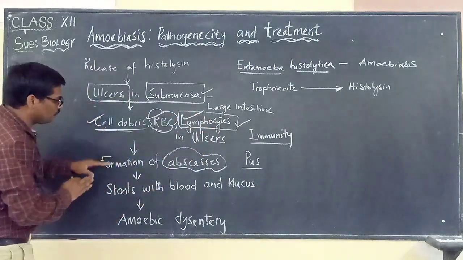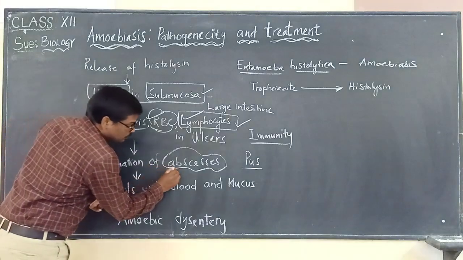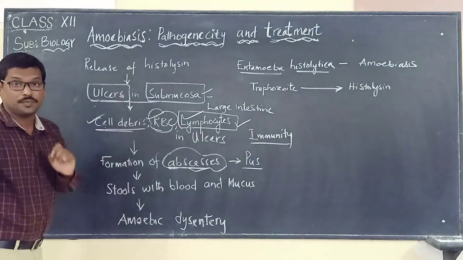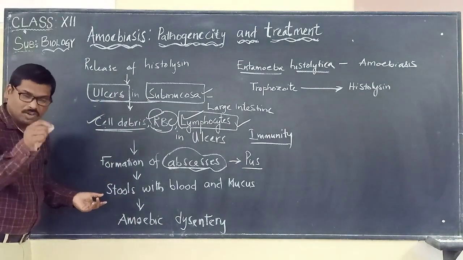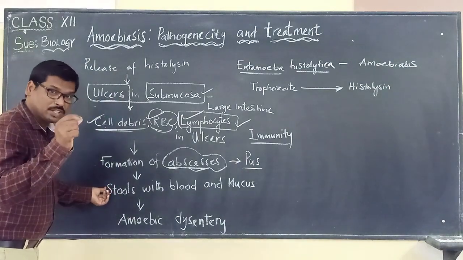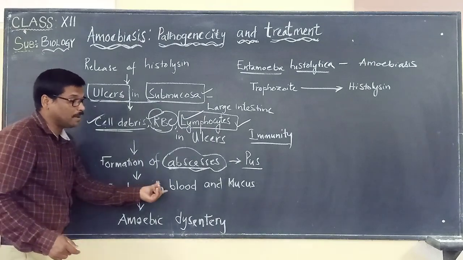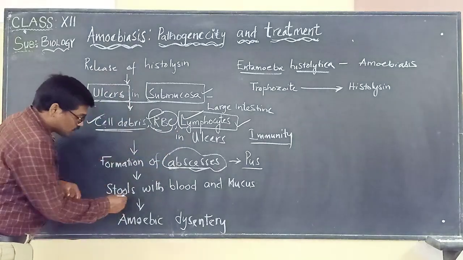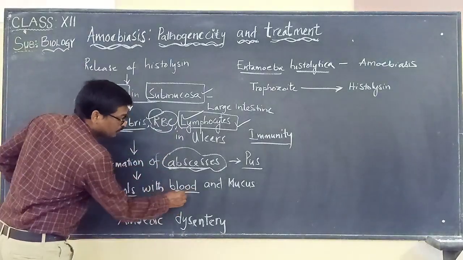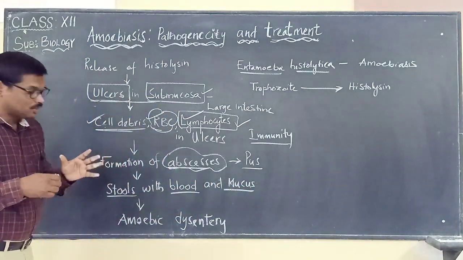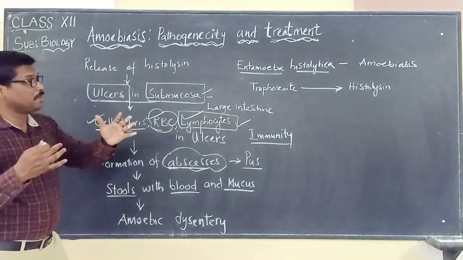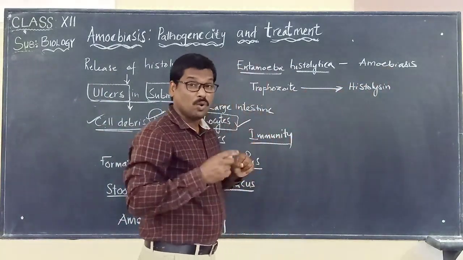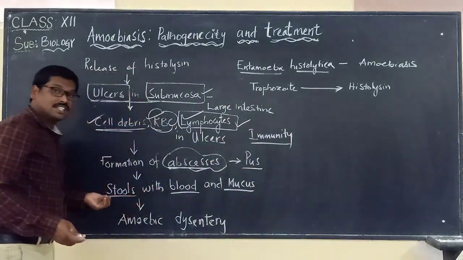All these lead to the formation of abscesses, which means pus, and because of that, the individual will pass stools with bloody mucus. We have to remember that in the disease amoebiasis, the individual will pass fecal matter consisting of what?